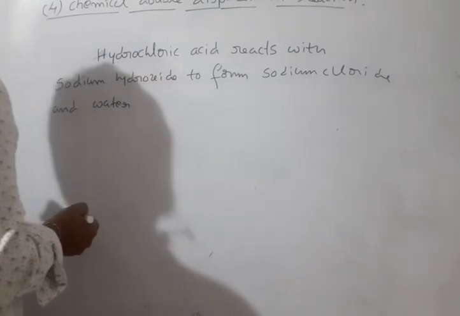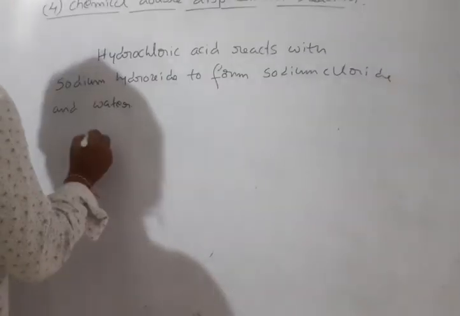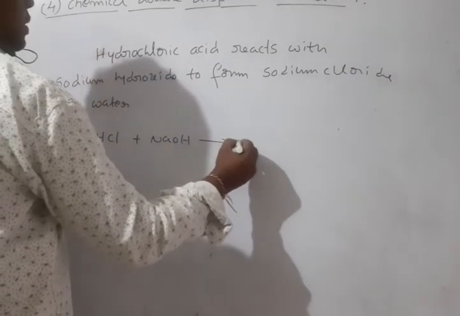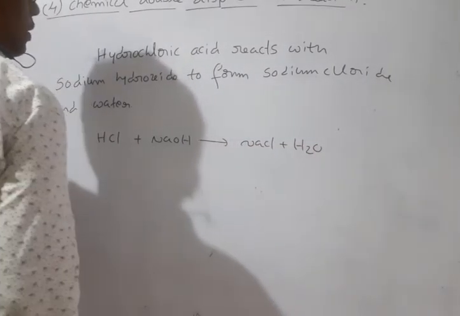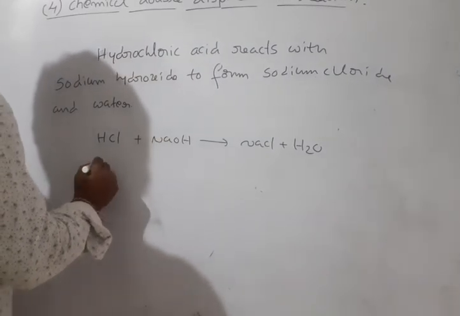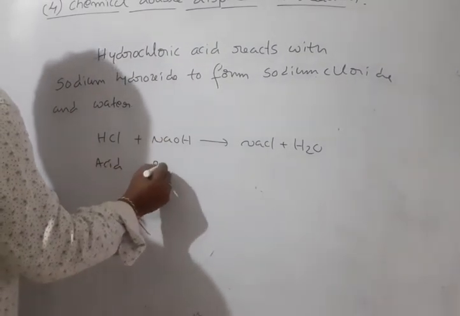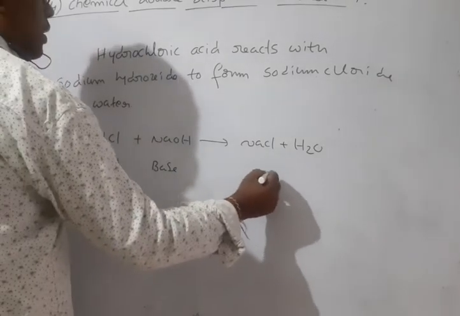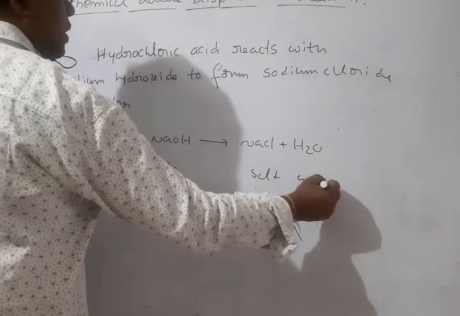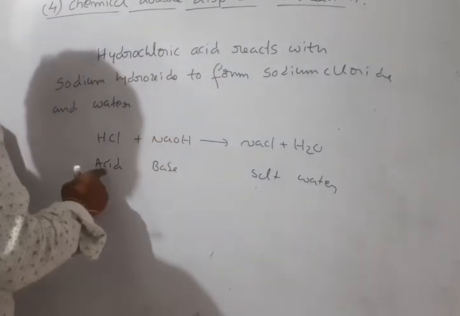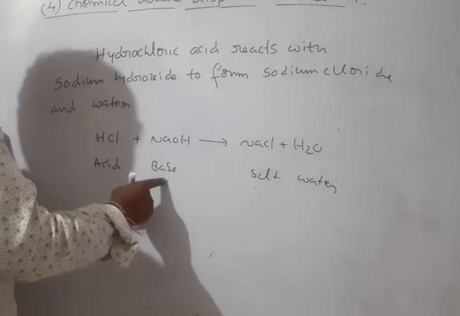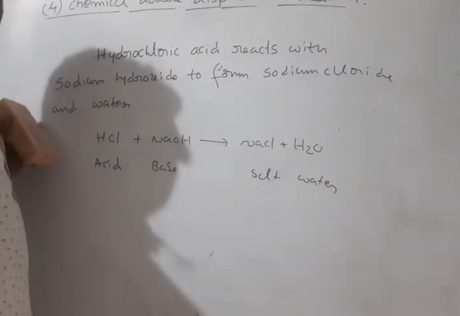Now I write the chemical reaction for this. Hydrochloric acid, formula HCl, sodium hydroxide, NaOH, sodium chloride, formula NaCl, and the product water, H2O. So here an acid reacts with the base to form salt and water. Such type of reactions are called neutralization reactions. Neutralization reaction means acid reacts with base to form salt and water.